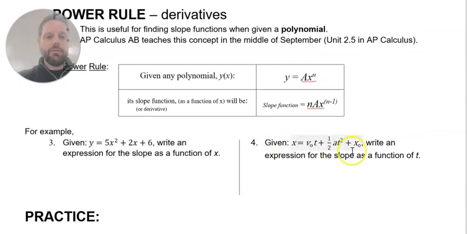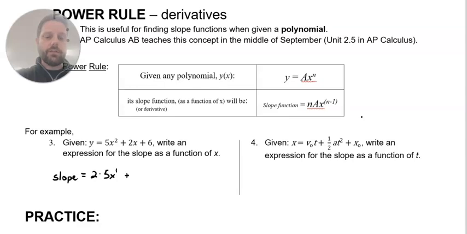When we apply the power rule to this, we are going to have the slope equal to 2 times 5x, and then we subtract 1 from the power, so that leaves us with x to the first power.